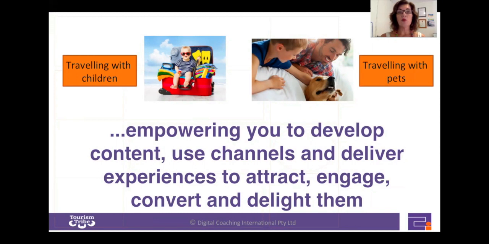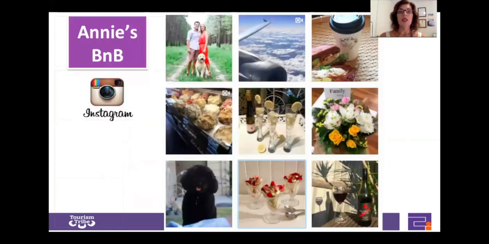So travelling with children or travelling with pets could be almost like a sub-target group and a representative persona of some of your target market, which might be families, for example, or couples, and it can cross over those target markets. But when you think about the people who walk through your door, who are the most representative personalities and demographics combined of those groups?